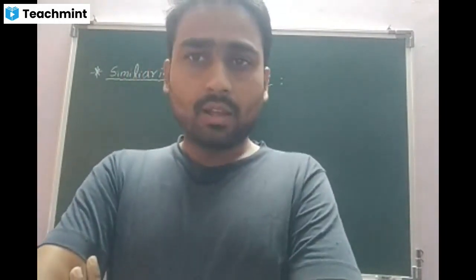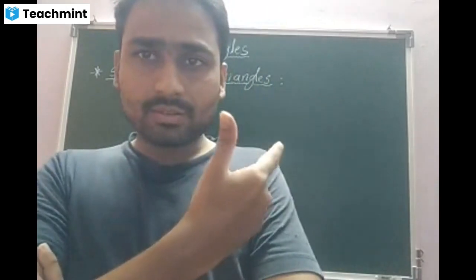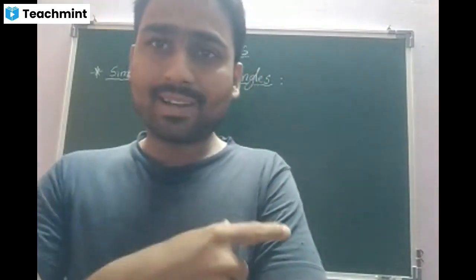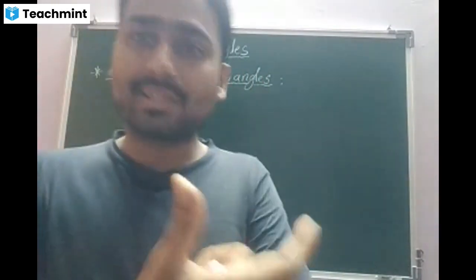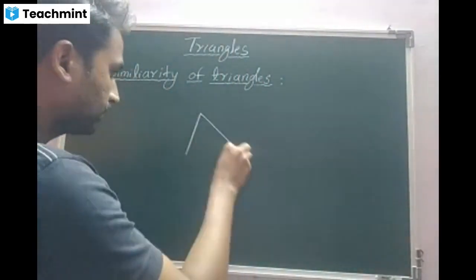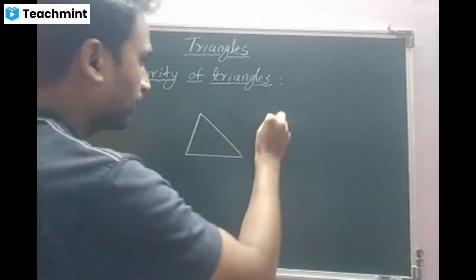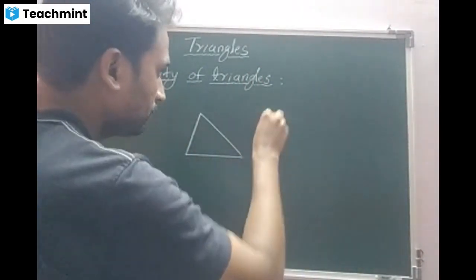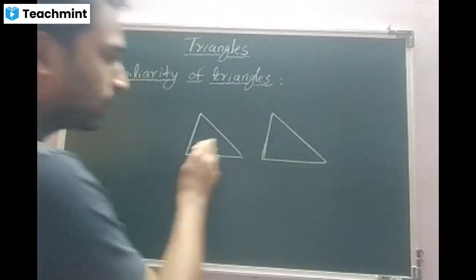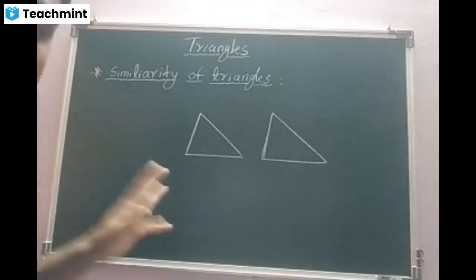Before we proceed with this, we will go for the congruency of triangles, beta. Then you will understand the similarity of triangles much more easily. If I take two triangles like this, these two triangles are called congruent triangles.